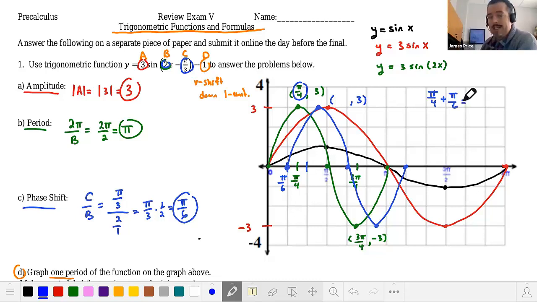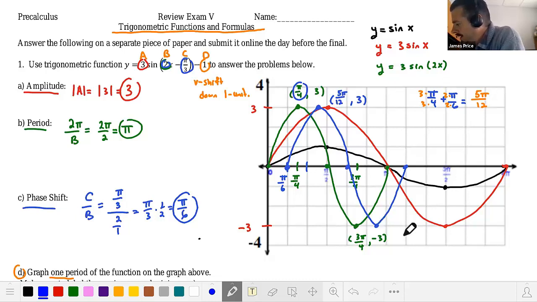And so notice that's not an easy common denominator, but 12 goes into 4 and 6 go into 12. So really you just multiply top and bottom by 3 here and multiply top and bottom by 2 there. And we get 3 pi plus 2 pi, which is 5 pi over 12. And so this point right here is 5 pi over 12.